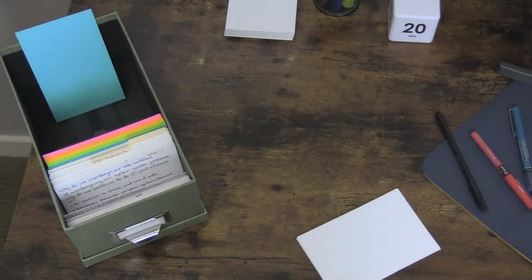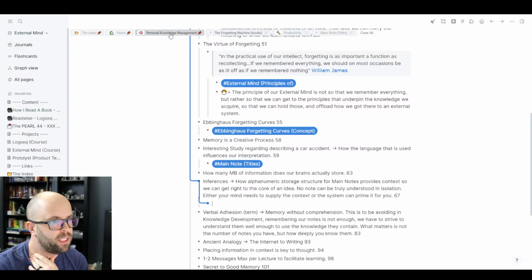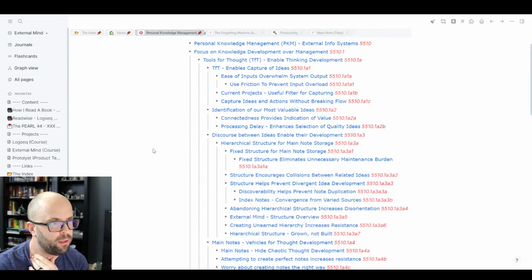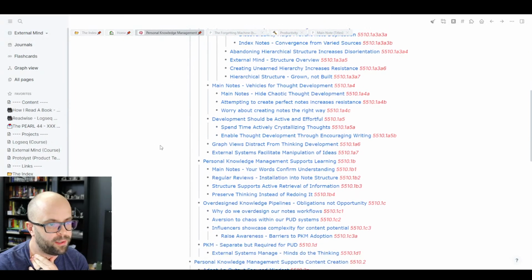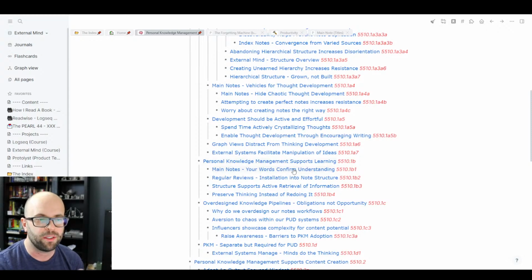Because what I find sometimes happens is, say, the example here: how personal knowledge management supports learning. I put this note, preserve thinking instead of redoing it. Because this note is captured within this structure, it's providing context for that note.